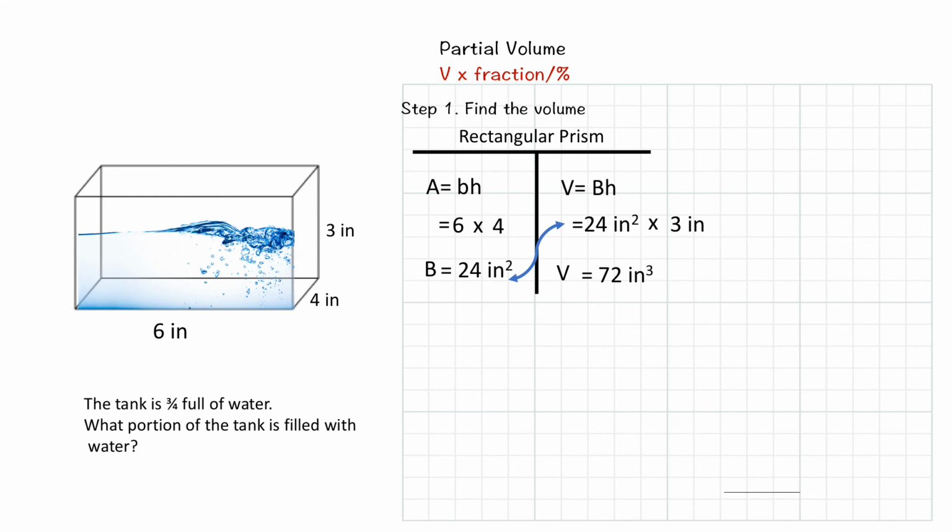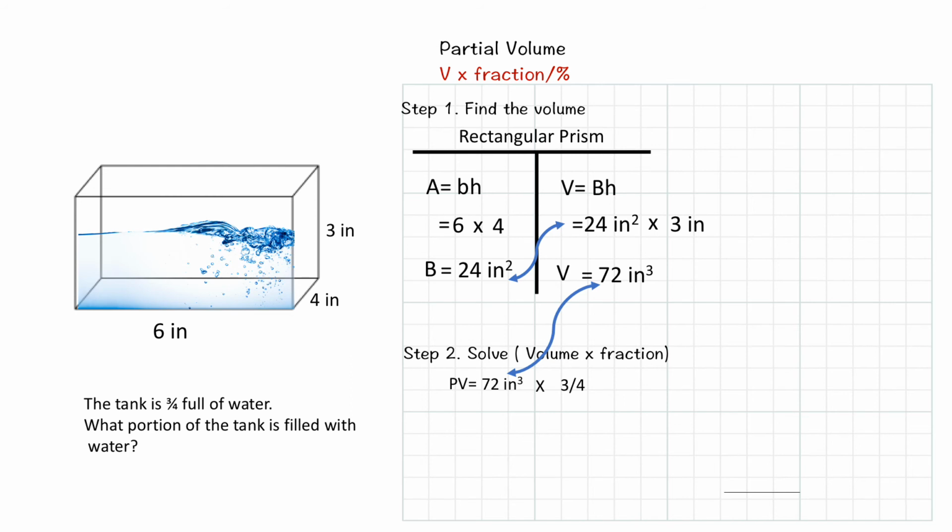So in our first step, we already calculated the volume, which is 72 inches cubed. And for the second step, let's carry over the volume and plug it in the formula for the partial volume. So 72 inches cubed times 3/4.